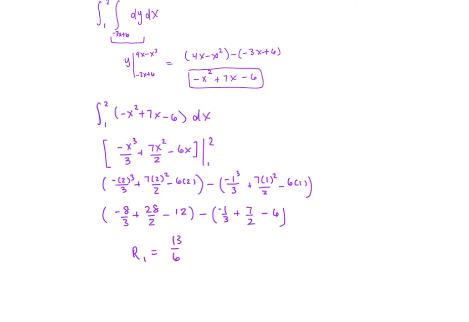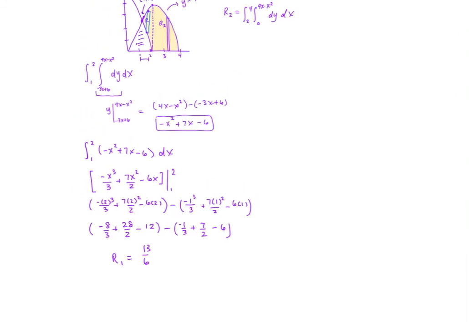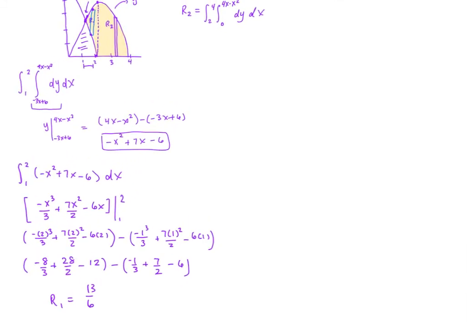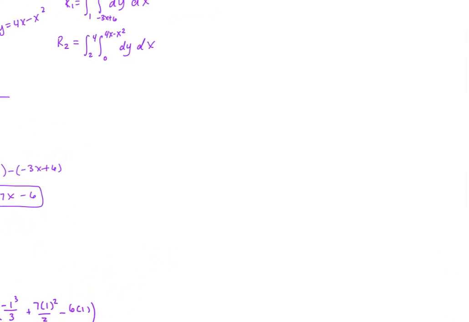So now we've got to go back and find the area of region 2. So region 2 had the integral from 2 to 4 and 0 to 4x minus x squared of dy dx. So the inside integral is going to be y from 0 to 4x minus x squared, which is 4x minus x squared minus 0.